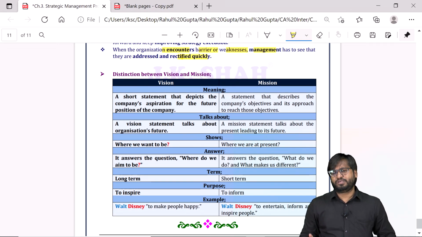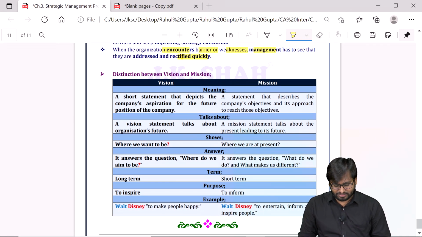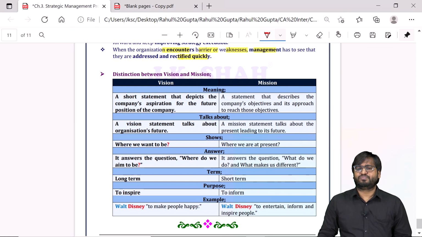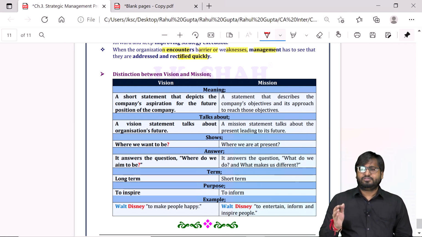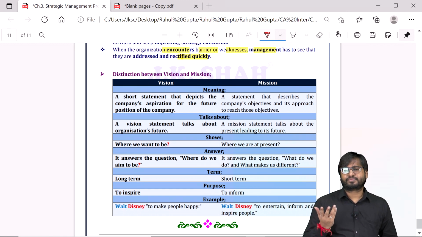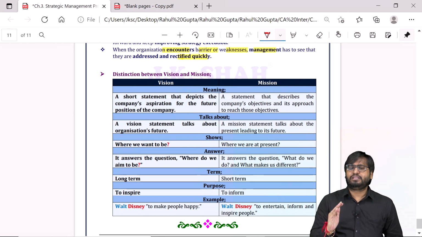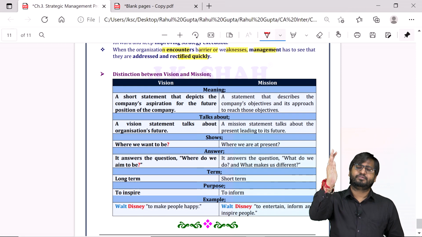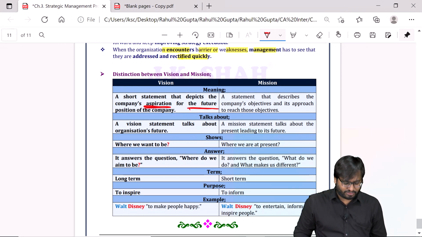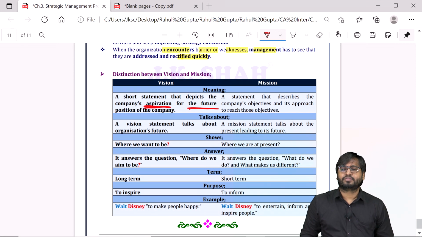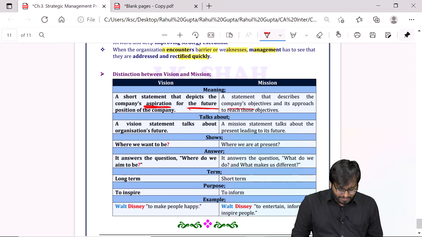One distinction I would like to discuss with you all is the distinction between vision and mission. What is vision? The company's blueprint for the future. The company's aspiration for the future. These are the company's objectives that it approaches to reach.